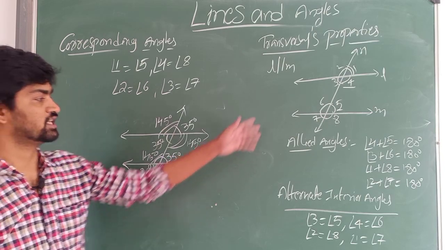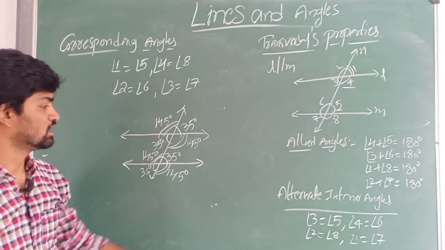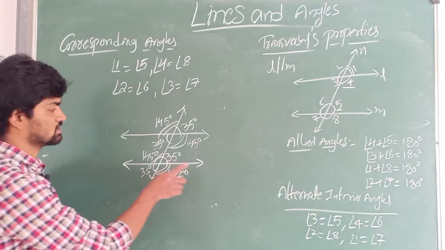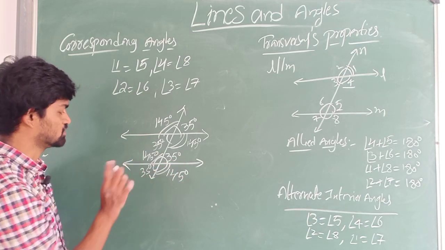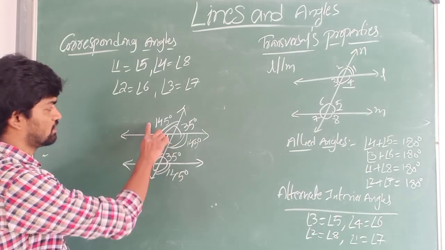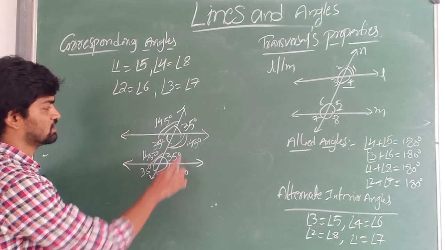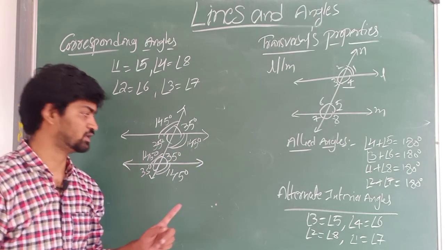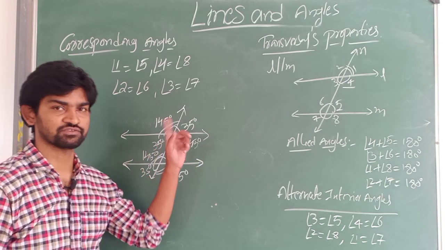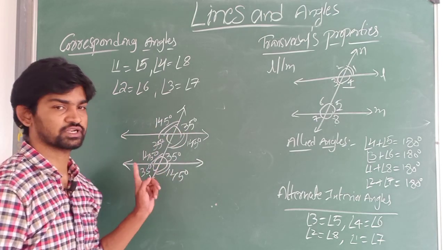Now you can check all the angles I mentioned. Alternate interior angles are 35 and 35, both equal. Vertically opposite angles are already equal. Alternate exterior angles are also equal. Corresponding angles are equal. So if you know one angle, you can find all the angles. This is very important.